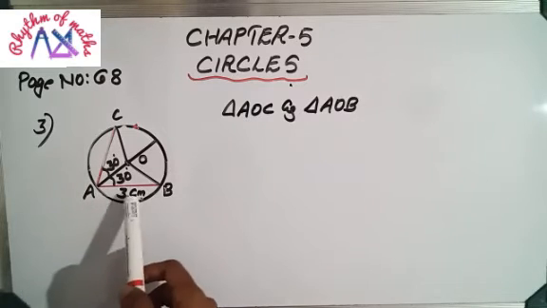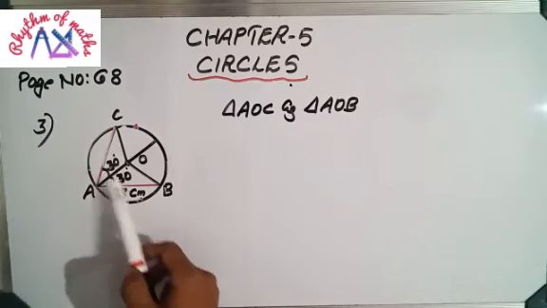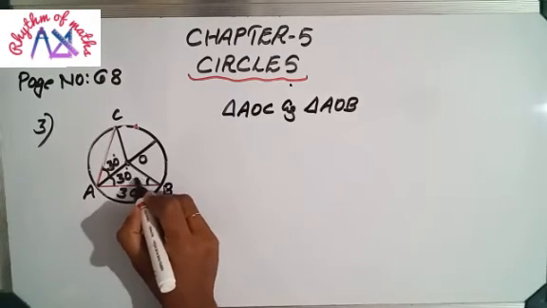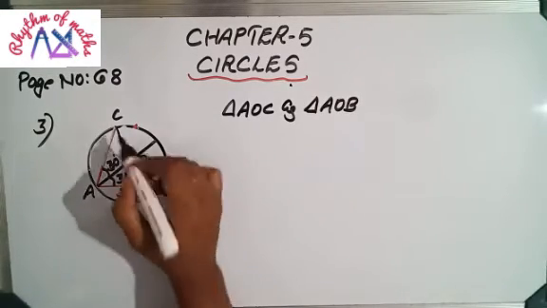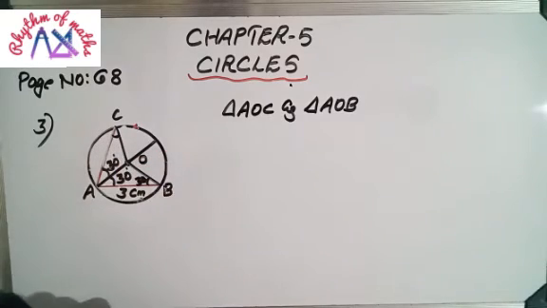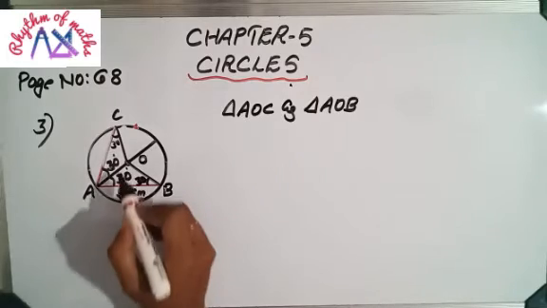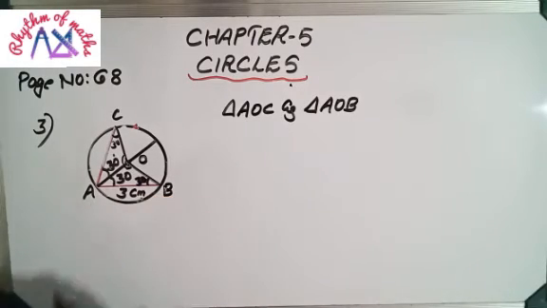Isosceles triangle means both are the same. Here 3 cm is given and these two angles are 30 degrees. That means this angle will also be 30 degrees, because angles opposite to equal sides are equal. So these two angles will also be equal.